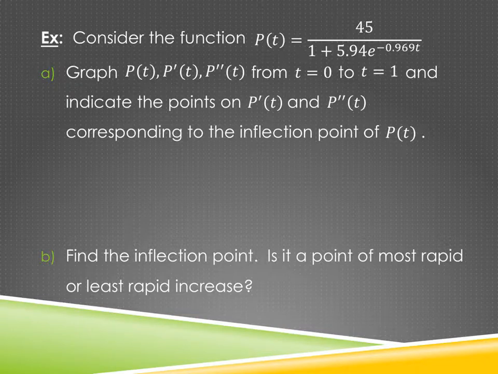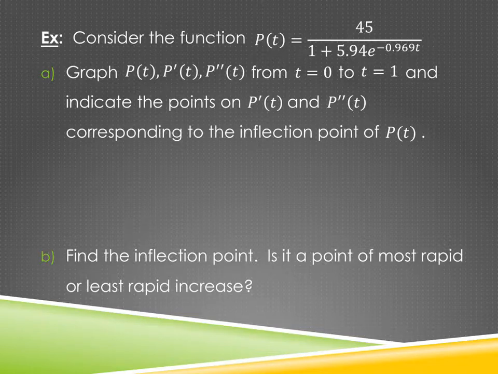You can put it into y1. So we have 45 divided by 1 plus 5.94 e to the negative 0.969t, or x. I've opened two parentheses, so I'll close two.